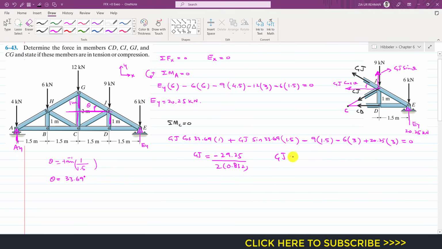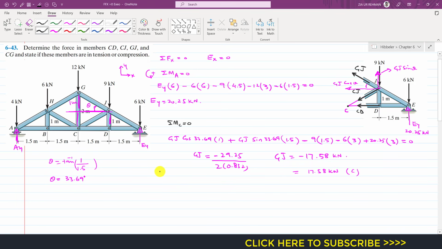So GJ equals to minus 17.58 kilonewton, and the negative sign indicates that the assumed direction is not accurate, since we have assumed that these three members are in tension, but the sign is negative. So this means that GJ member force magnitude is 17.58 kilonewton and it is in compression.